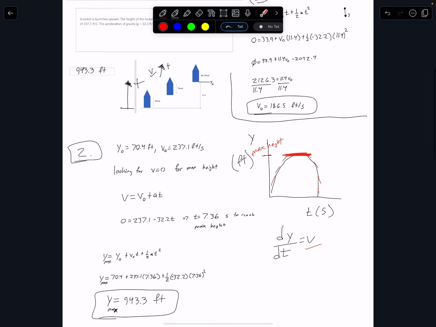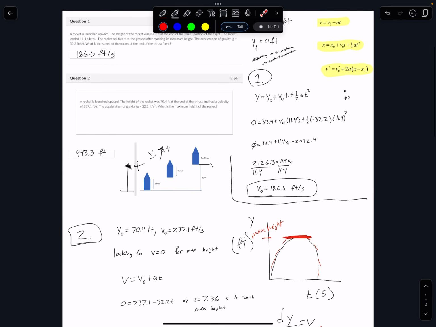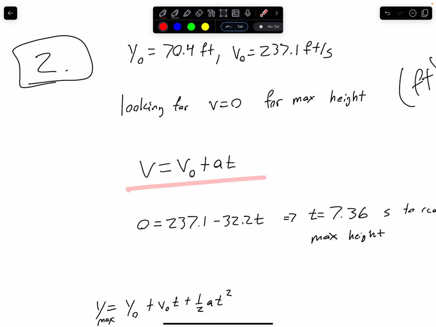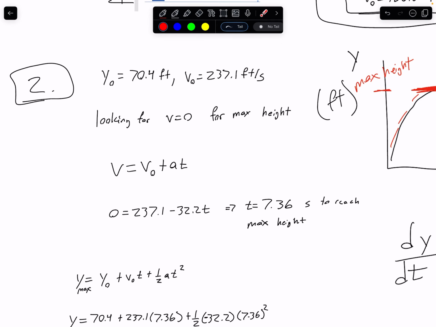Again, assuming a constant acceleration, we can use this top kinematic equation: v equals v0 plus at. We have v0, we have a, and we also have the final v we're looking for, which is 0.